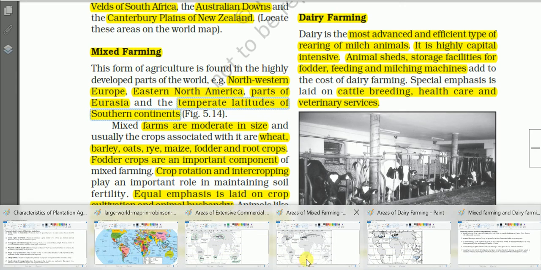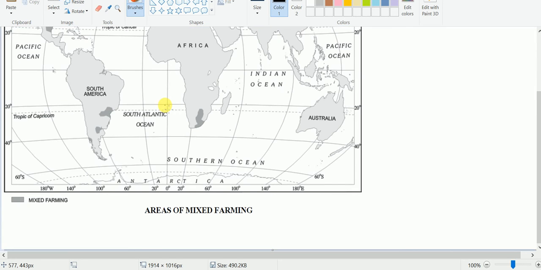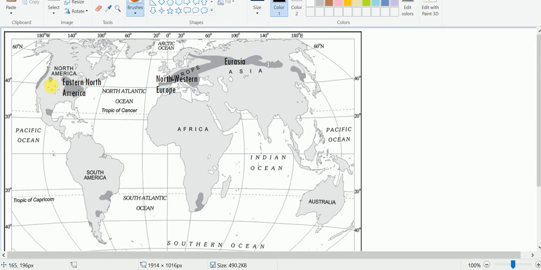Here we have these areas of mixed farming. Eastern North America is here, see the shaded portion. Then northwestern Europe, actually the industrialized area of the European continent. Then the southern parts of Russia, that is Eurasia.